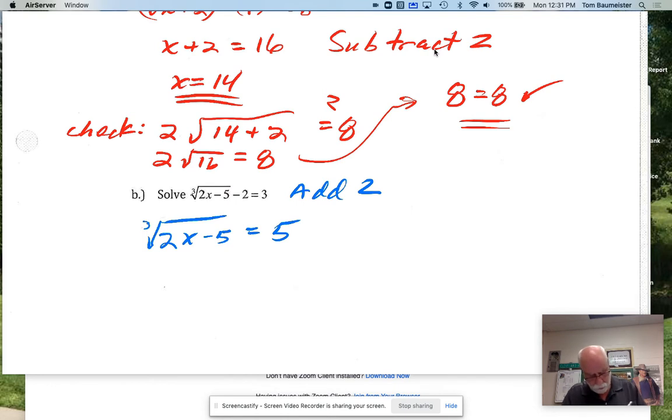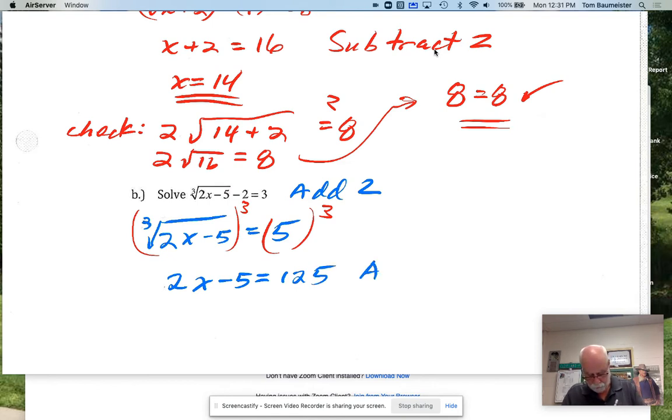Now again, just like above, we had the square root. This time we have the cubed root. So this time, we're going to have to cube each side. So if I cube this, I have to cube this. So if I do that, I'll get 2x minus 5 is equal to 5 times 5 times 5, which is 125.